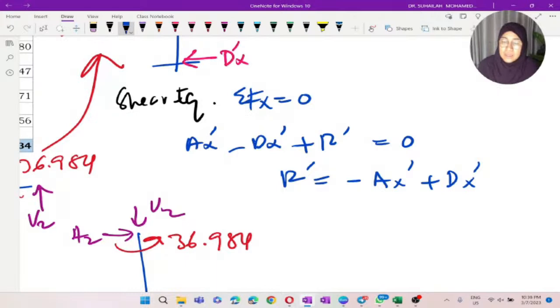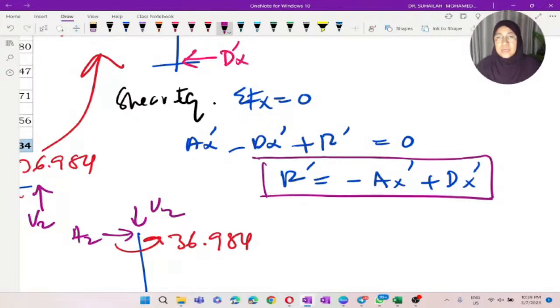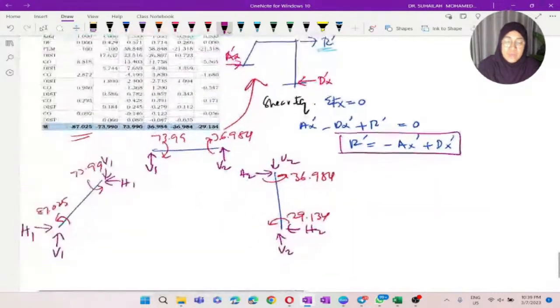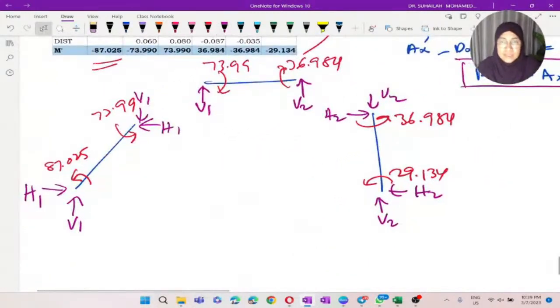This is the equation that we will use to calculate R prime. There are two unknowns here, AX prime as well as DX prime, so that is why we have this diagram.